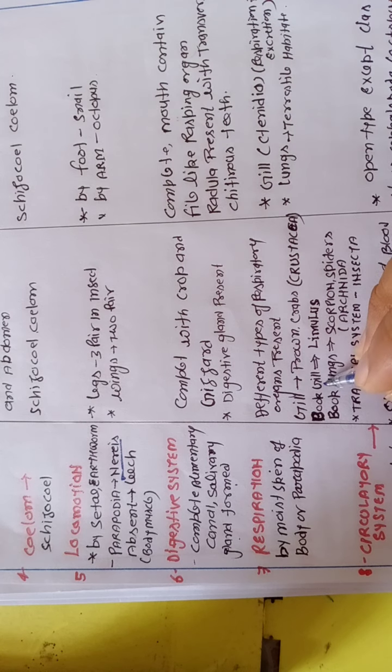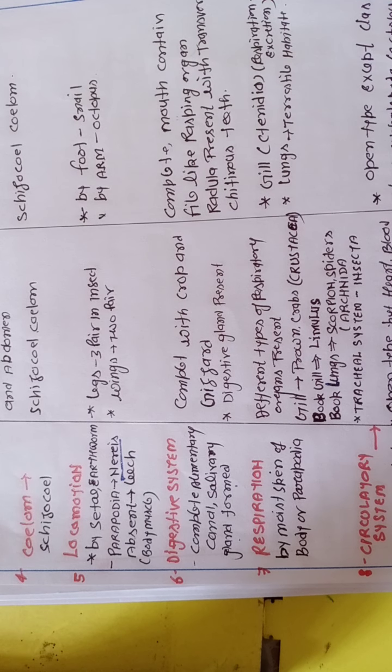Very important point here. Then the tracheal system, or you can say respiratory tubes, which are very efficient, because each one is an air-filled tube that reaches near the tissue. That's why insects have the ability to fly, because oxygen can reach the tissue or cell very fast. So the tracheal system, the respiratory tubes, is present in Insecta.